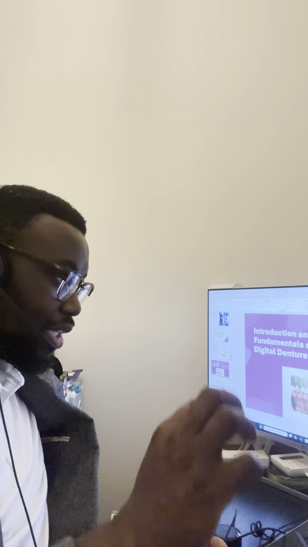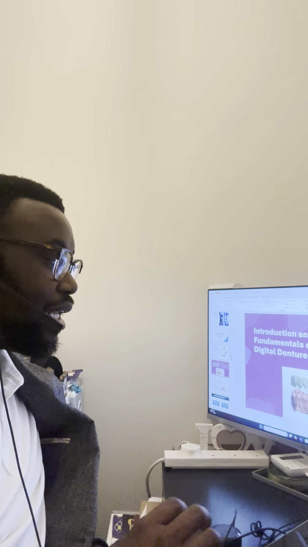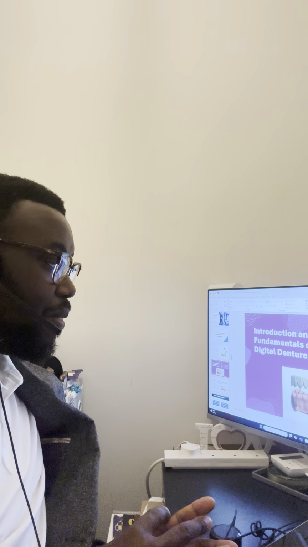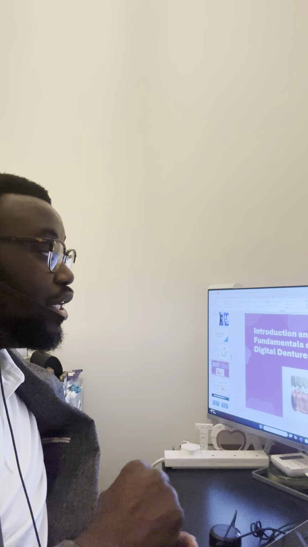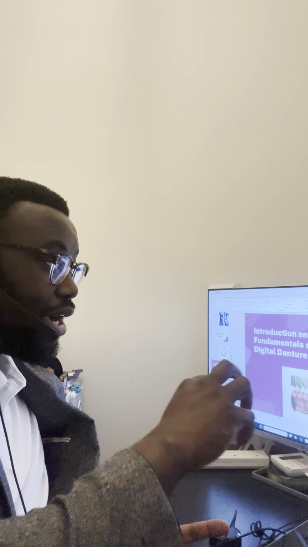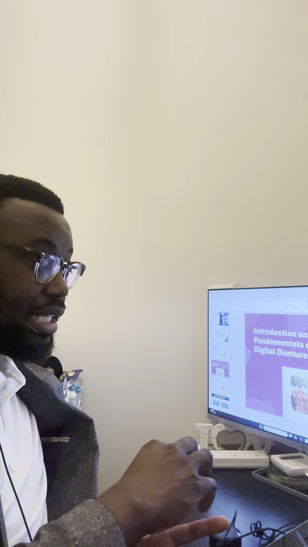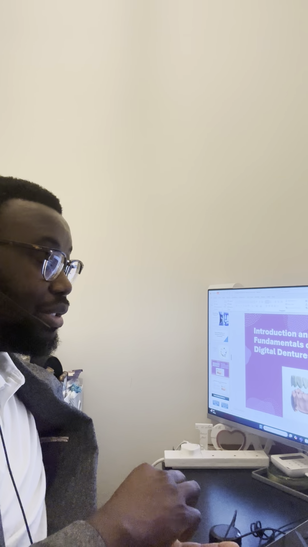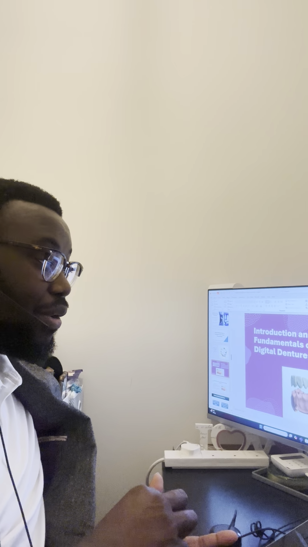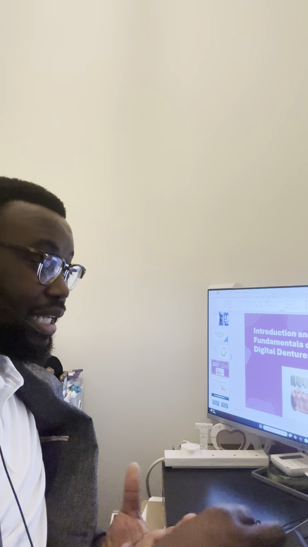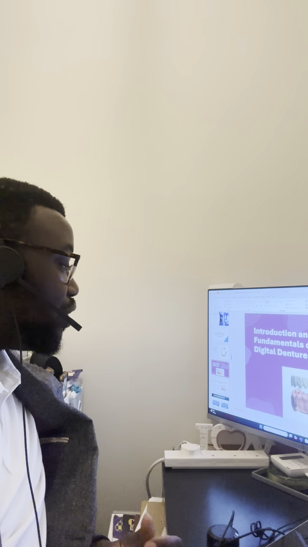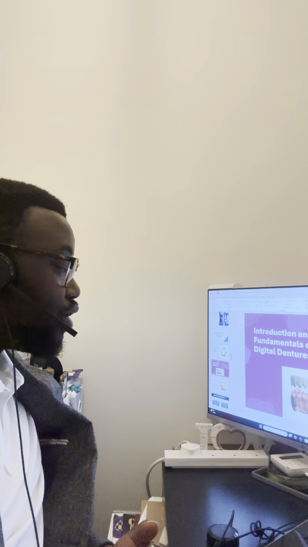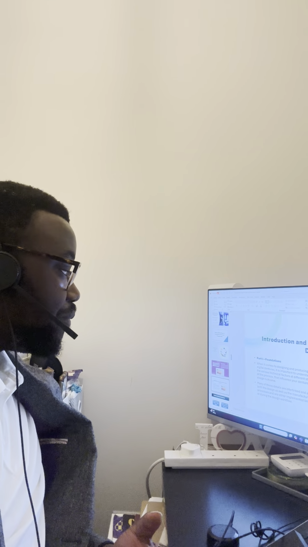So to have a fundamental understanding of how digital dentures work, you need to understand how the workflow is designed in the dental laboratory, and how it is replaced by the use of equipment and digital technologies, as opposed to the traditional way of doing things.